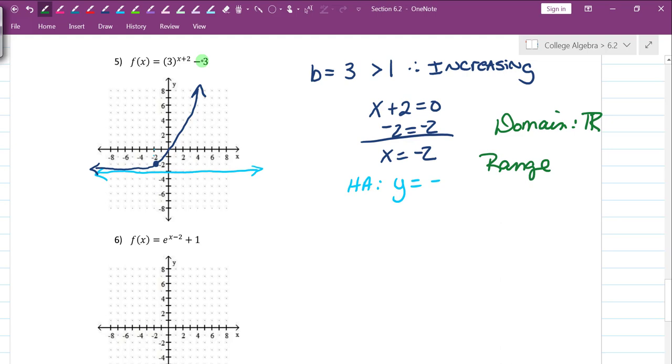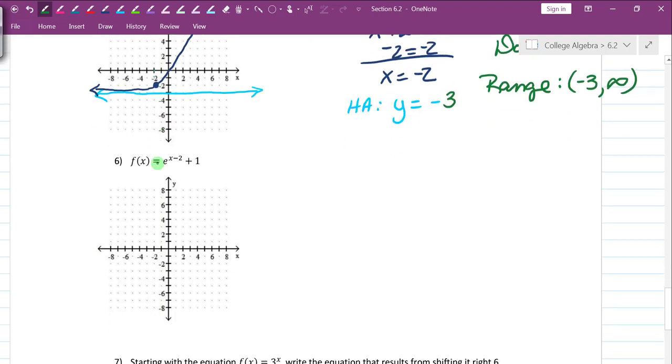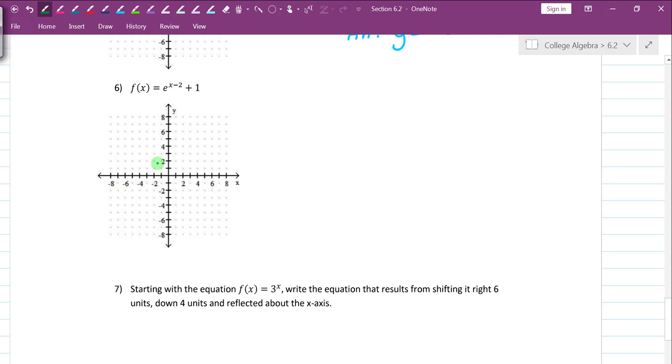So it moved down to -3 to positive infinity. So that should be a -3 right there. And I think we've identified everything that we need to do. So we have our asymptote drawn, we have the general shape increasing, and we have our known point, 2 points each. Let's look at number 6.